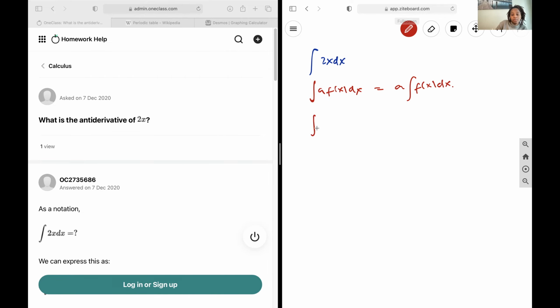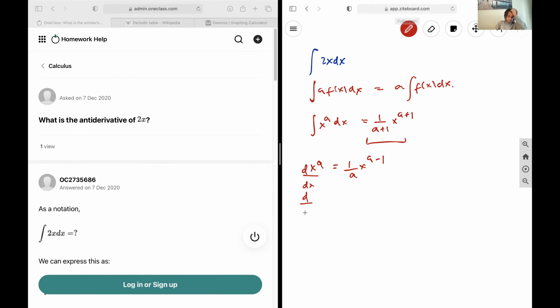And then additionally, I'll be using the exponent rule, so that states that the integral of x to the power of a dx is equal to 1 over a plus 1 times x to the power of a plus 1. I just reversed the exponent rule that we know as the derivative of x to the power of a is equal to a times x to the power of a minus 1.